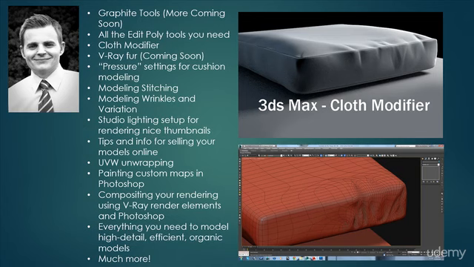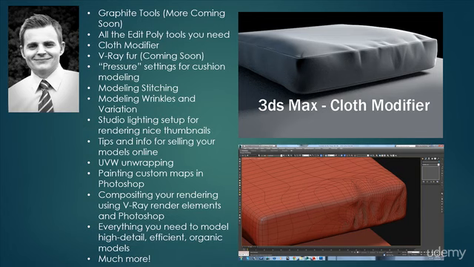This course will teach you all the edit poly tools you need for making nice furniture models. We'll go over the cloth modifier, as you can see on the right, for adding variation and wrinkles. We'll briefly cover V-Ray fur, and that's in an upcoming lecture. I'll show you how to use the pressure setting to make cushions and model organic pieces of furniture with nice wrinkles that look very realistic.